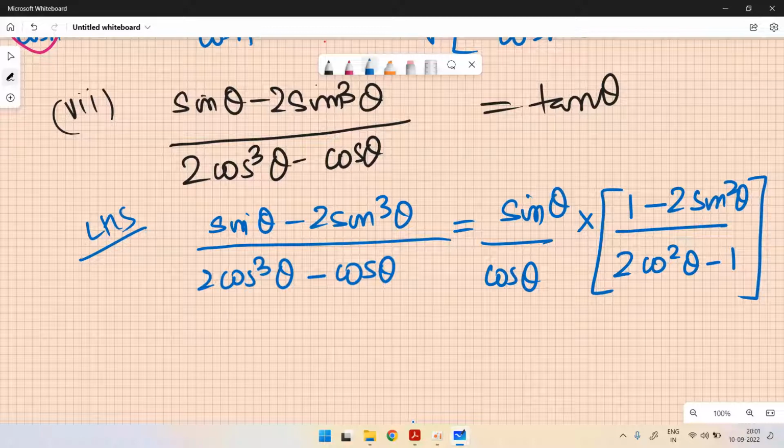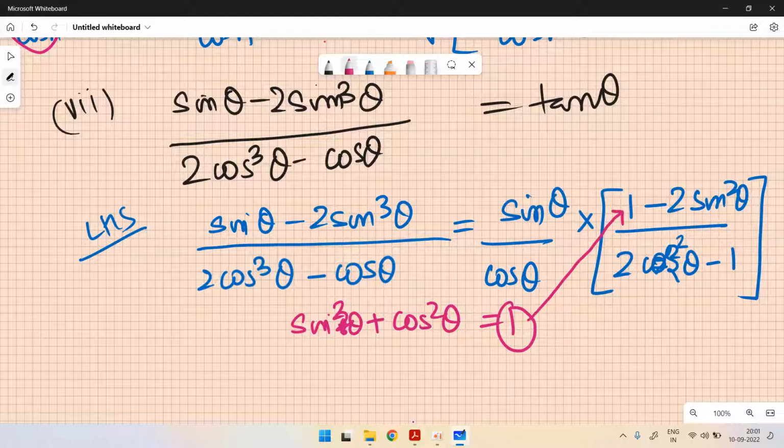If you see this, you know that sine square theta plus cos square theta is equal to 1, and I am substituting this value here and here.